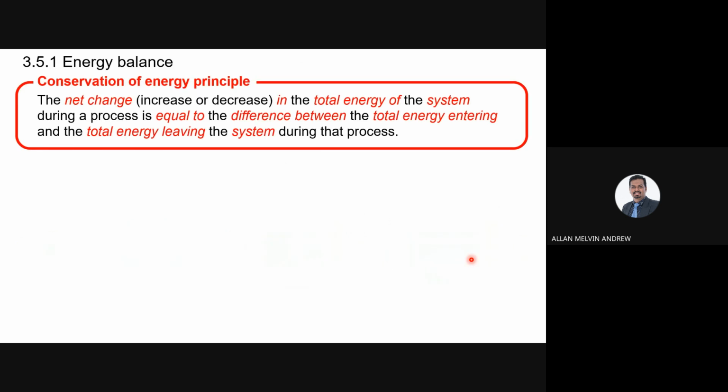Okay, so this is another important thing: the energy balance. So what is the energy balance? It is the conservation of energy principle, the first law. The net change, increase or decrease, in total energy of the system during a process equals the difference between the total energy entering and the total energy leaving the system.